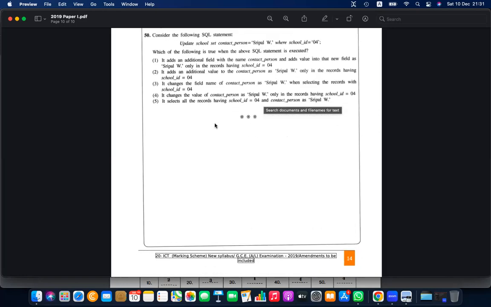Consider the following SQL statement: update school set contact person to Sripal W where the school ID equals 4. That is basically an update query. It's a data manipulation query. Then, does it add an additional field? No, it's not adding an additional field.